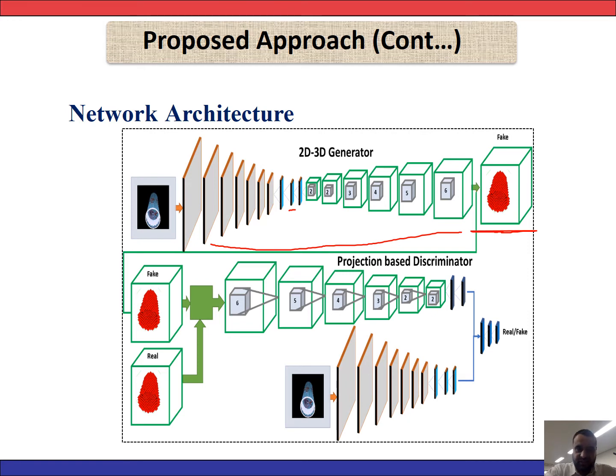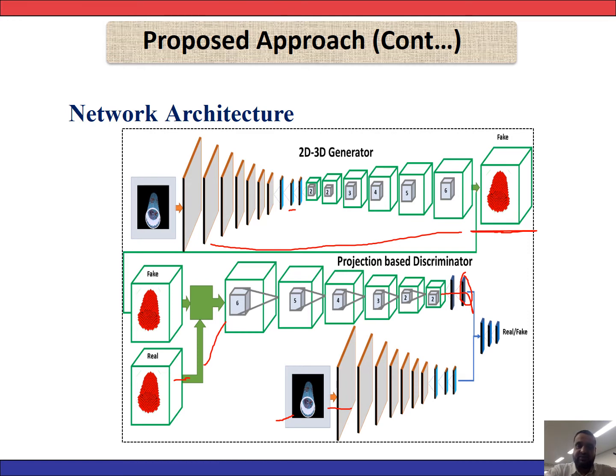In terms of the real pair, the input is already real, and this is from the data. We give in one branch this 3D and in the second branch this 2D, and then calculate the latent representations, combine them into a single distribution, and then classify it as fake or real.